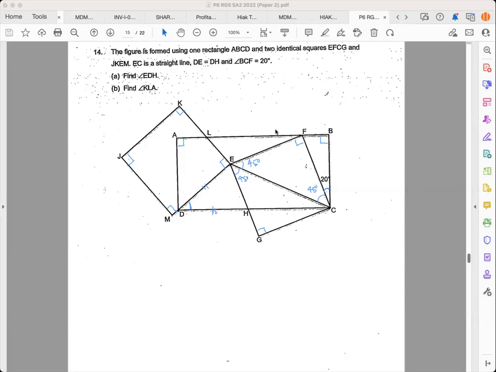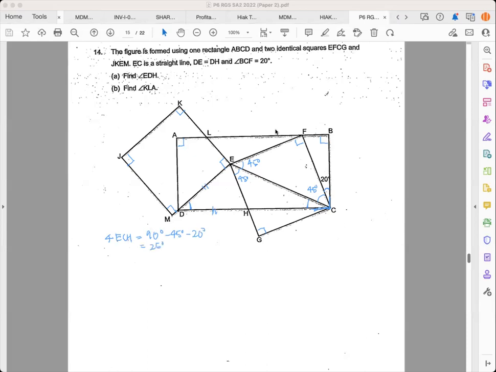Anything else I can find? Okay, we can find this angle also. So this is a right angle. So in other words, angle ECH will be equal to 90 degrees minus 45 minus 20. You get 25.